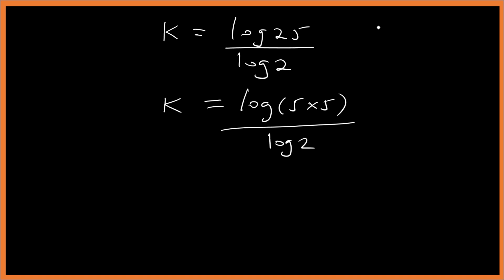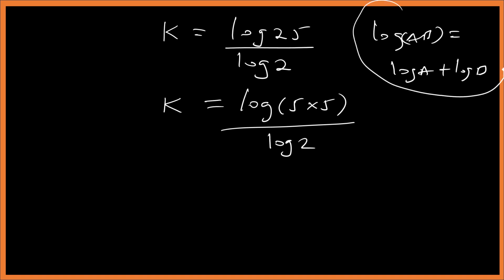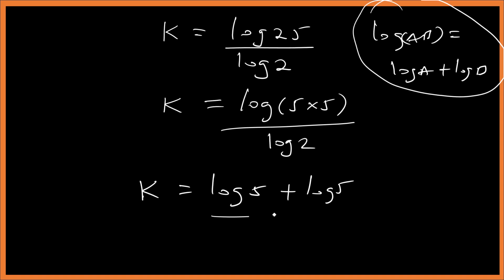And remember, log AB is the same as log A plus log B. So from here, my k will be log 5 plus log 5 on log 2. So you can write this one as log 5 over log 2 plus log 5 over log 2.